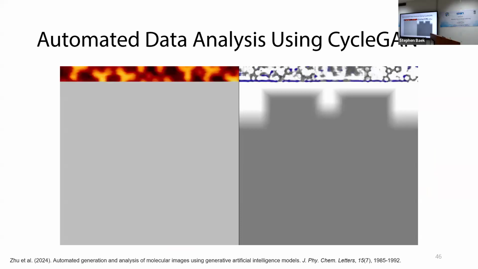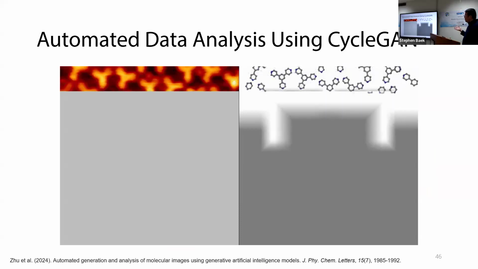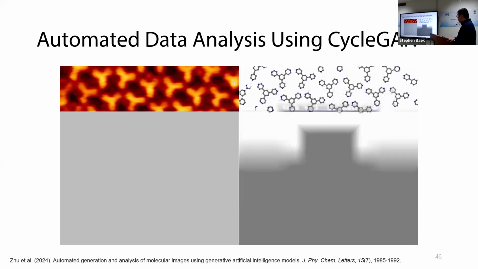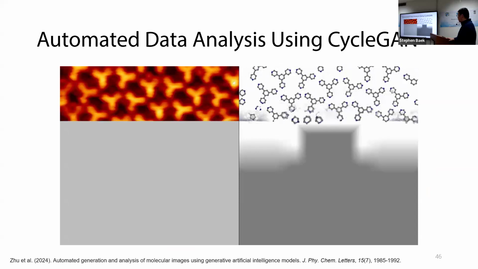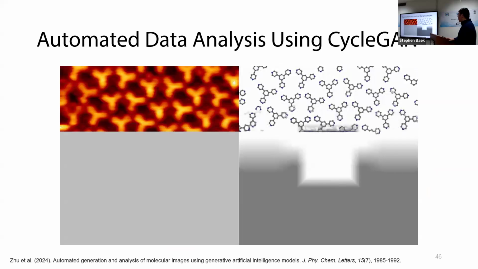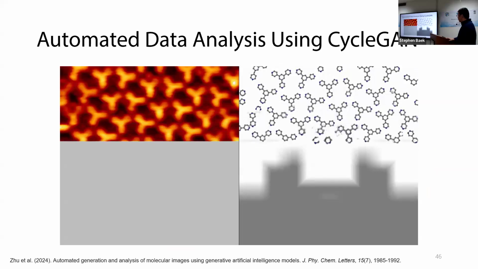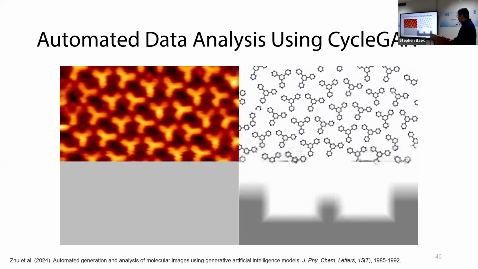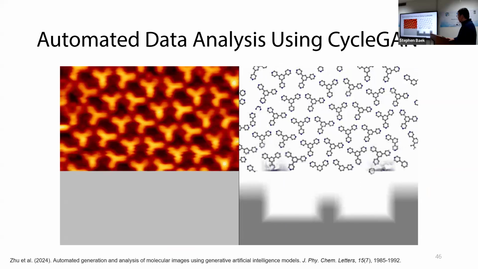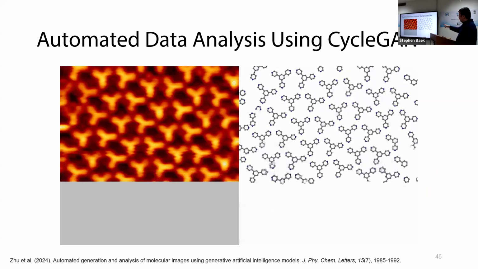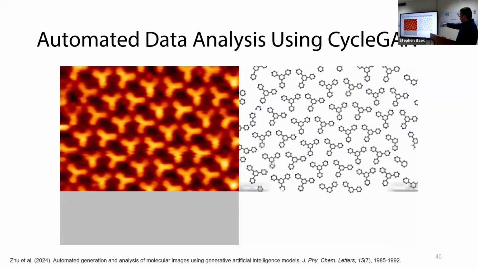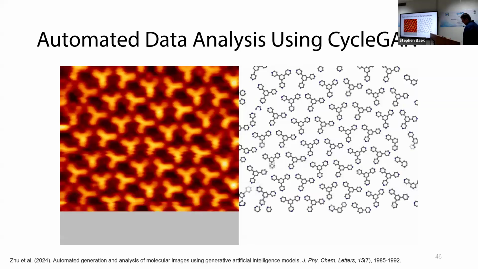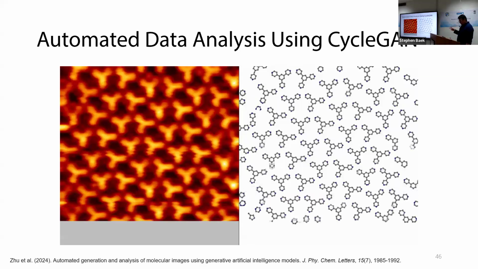But the cycle GAN, trained in this manner, can help a lot of engineering applications. Here's one of the very recent publications in the Journal of Chemistry Letters. What's happening over here is a conversion between two modalities of molecular images.